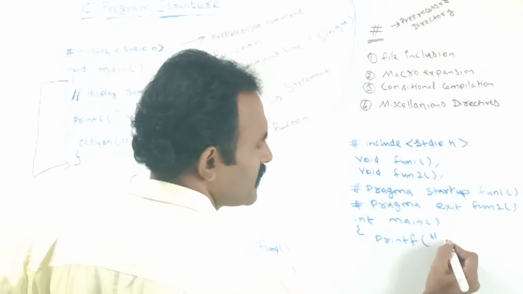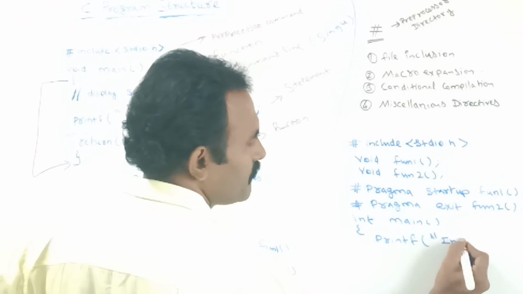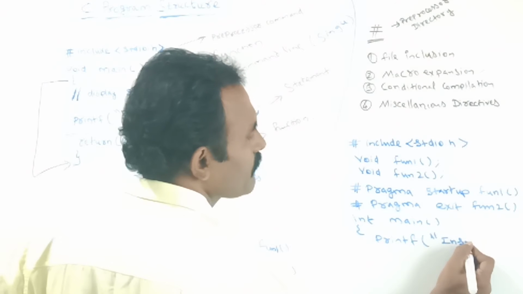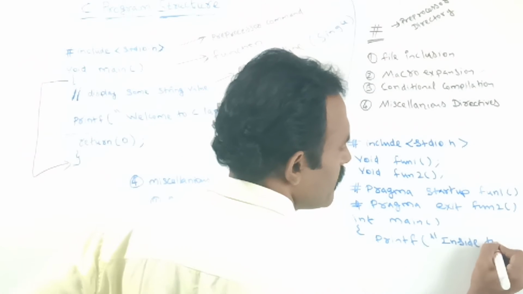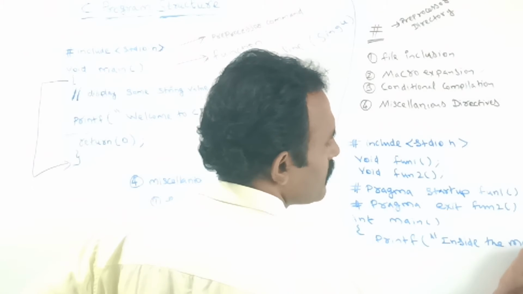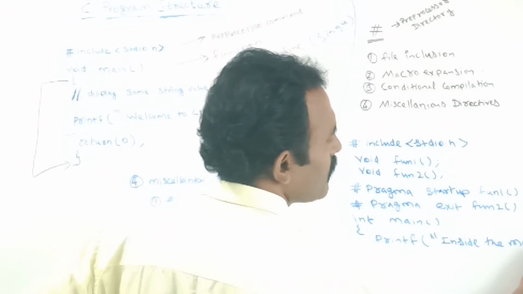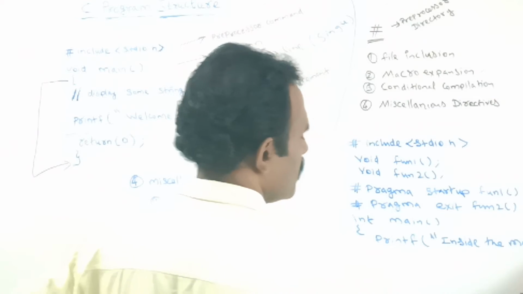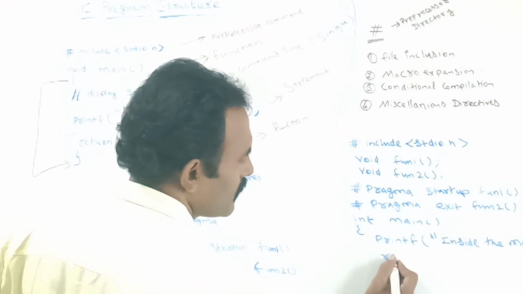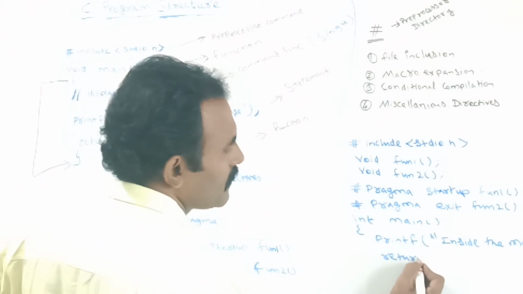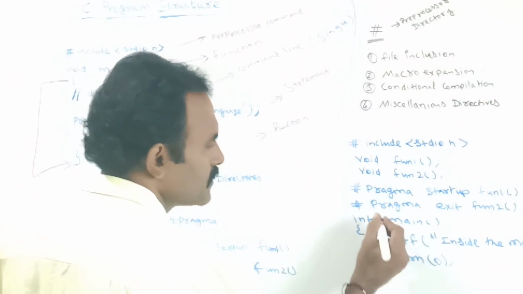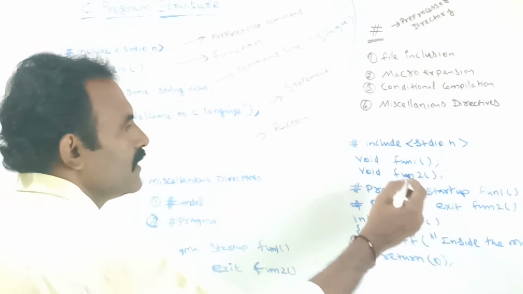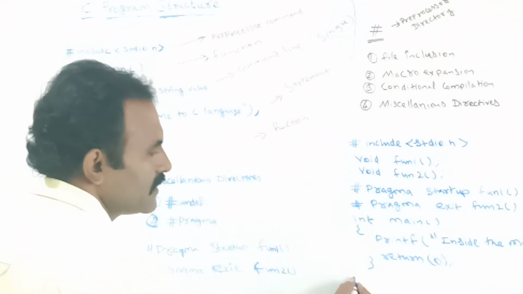With the help of this printf function I am displaying a message inside the main function. Return 0. Here the main function is completed.